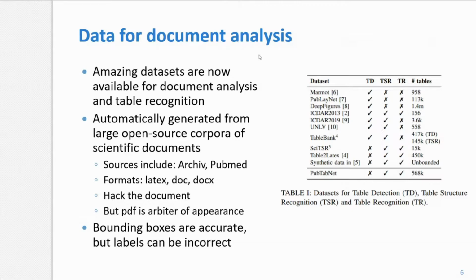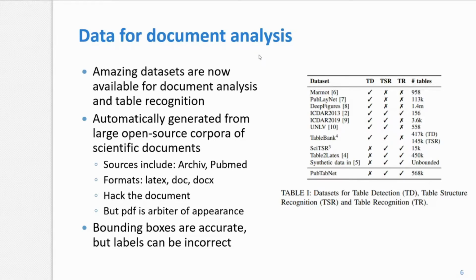You can't actually tell very much about where the boxes are going to show up if you look inside the structured document format. You've really got to run it through the whole application in order to come up with the proper location and appearance. So PDF ends up being the arbiter there. This means that the bounding boxes are super accurate, which is great.